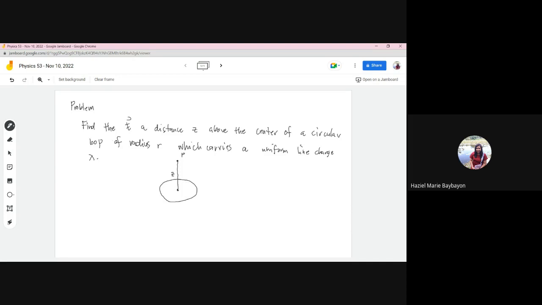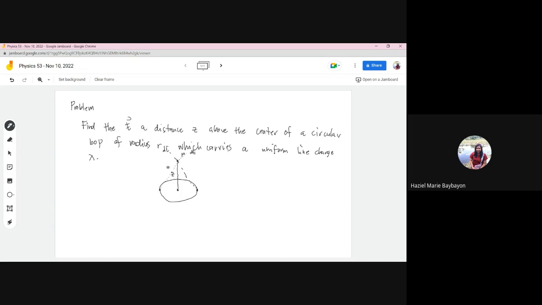So, due to symmetry, unsa nga mga components ang mag-cancel out? For example, magkuha kog point diri, magkuha kog point diri. Maghatag ni siya electric field equal to dE. And then, kini po siya, ma-contribute napod ni siya og electric field equal to dE, for example.